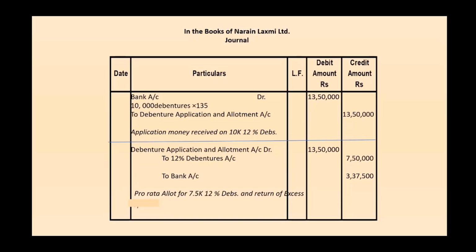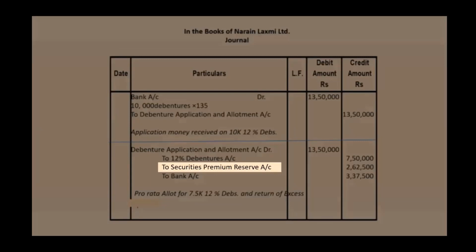Thus 35 into 7,500 equals 2,62,500. This is the capital gain on the issue of debentures and is always recorded in a special account that is called the Securities Premium Reserve Account or the SPR account.